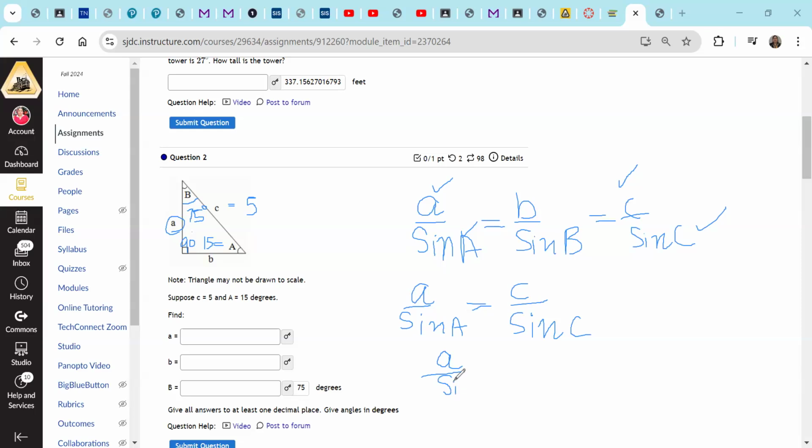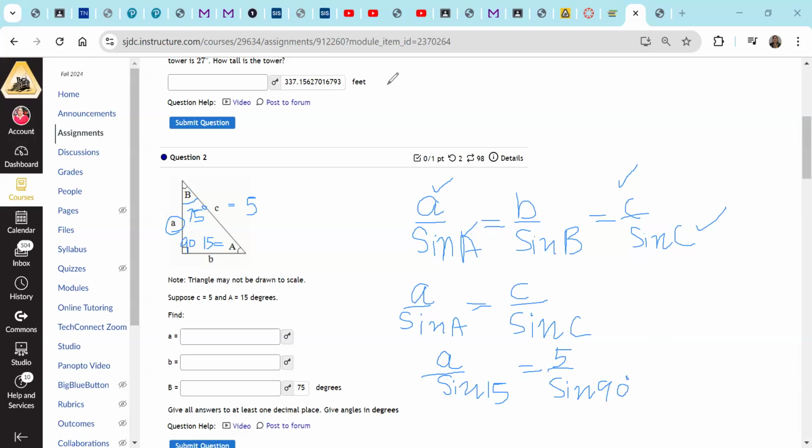So we're going to have sine of 15 degrees equal to C. C is known to us as 5, divided by sine C. Sine C is 90 degrees. Sine 90 is 1, if you remember from the table.